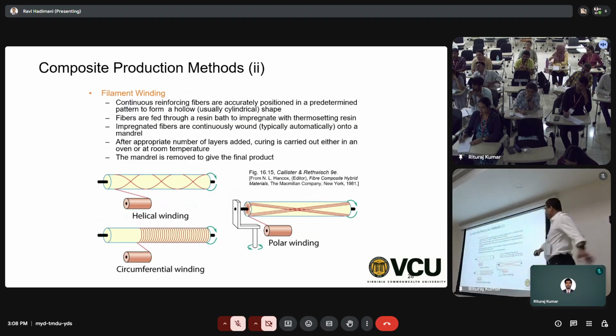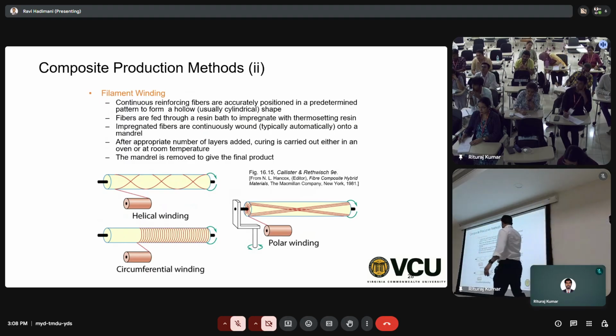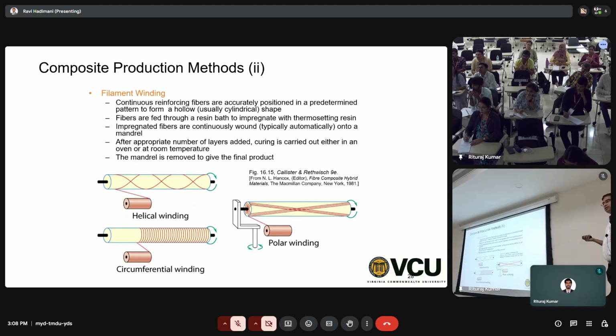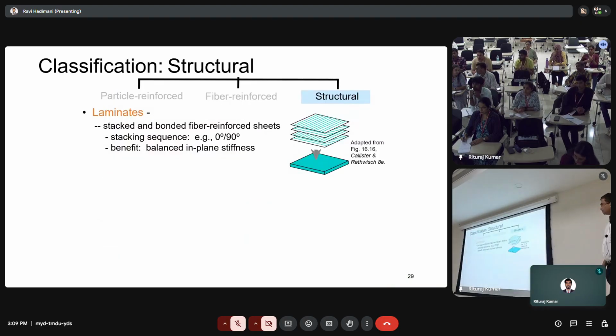The other way is filament winding. When you wind, you add the matrix phase, which can be any resin. Depending on what kind of strength you want, what your targeted property is, you use the desired filament. And then we have structural.